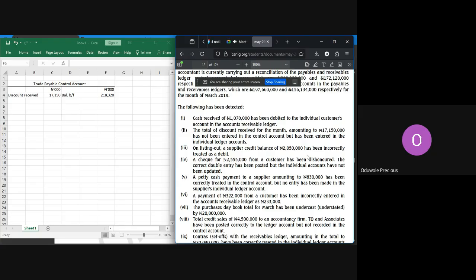It affects the ledger account itself, because they said the supplier's credit balance, right? So you do the receivables ledger.